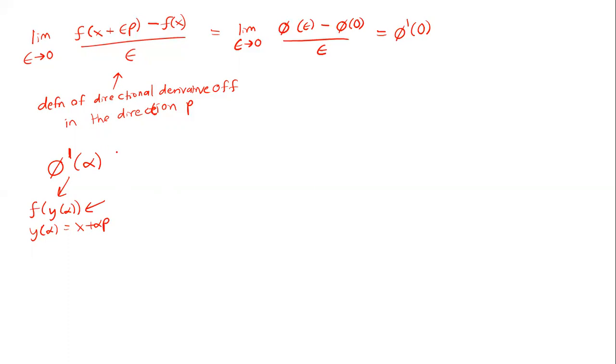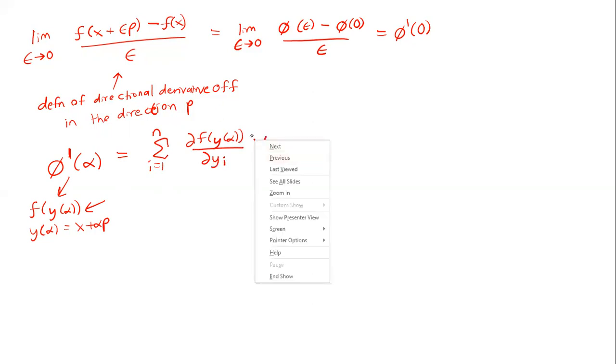So this is then going to equal the sum from i equals 1 to n of df of y of alpha over dy_i times dy_i of alpha over d alpha.